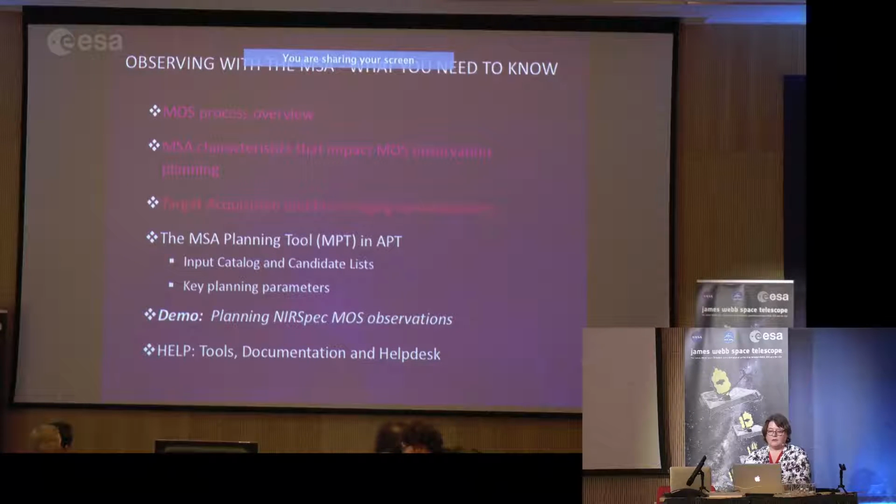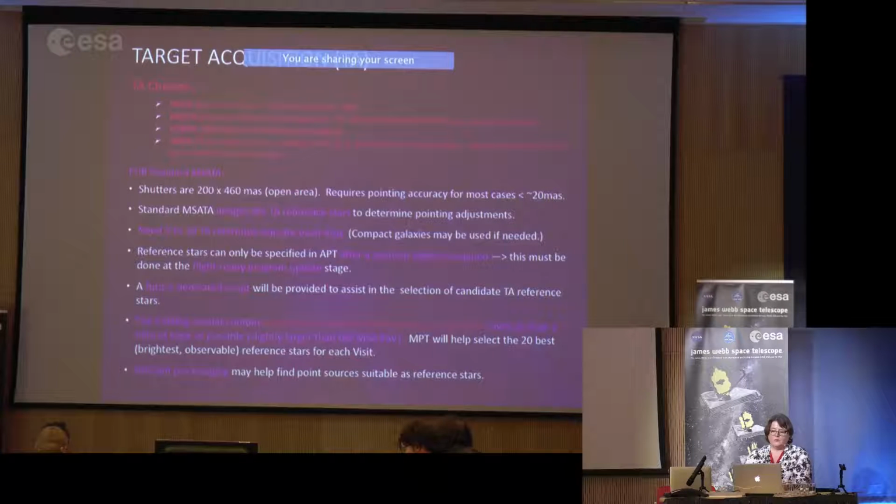Okay, a word about target acquisition and pre-imaging. So there are going to be several choices when APT 25.4 comes out for your target. Right now there's 3 choices, 2 of which are point and shoot, essentially. That's the none option and the verify only option.